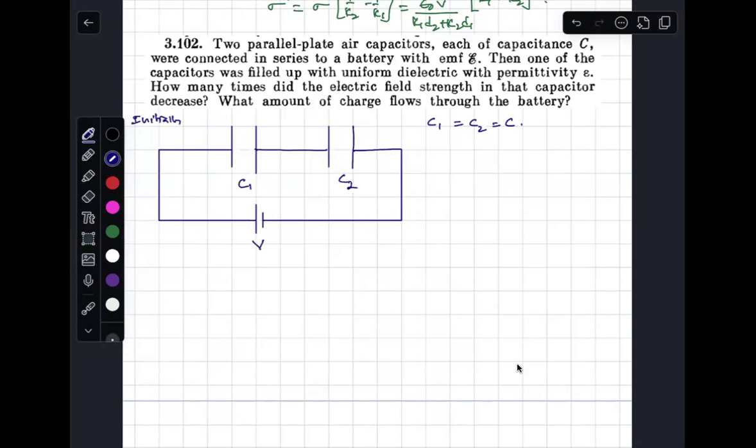What is the equivalent capacity now? C by 2, because they are in series. Plus CV by 2, minus CV by 2, plus CV by 2, minus CV by 2. Initially.